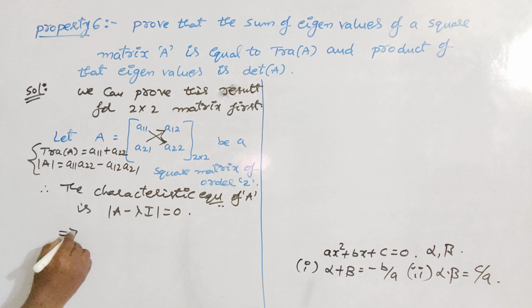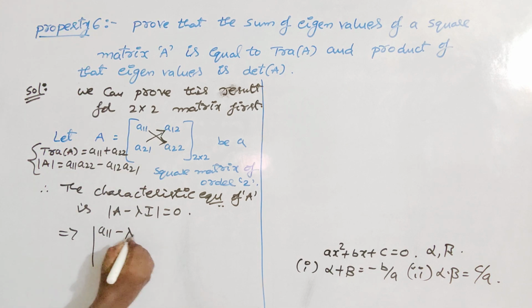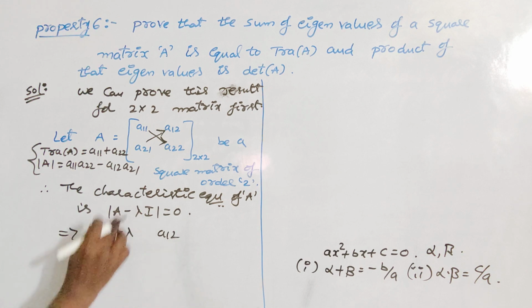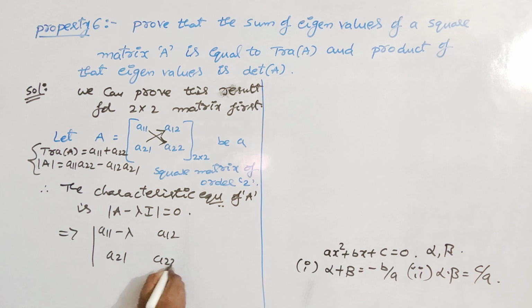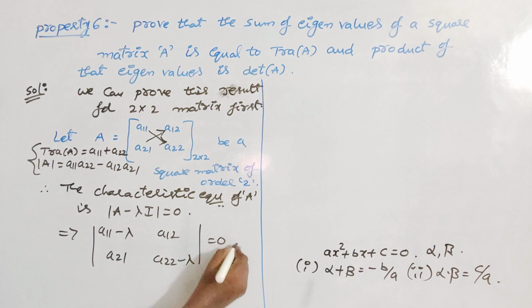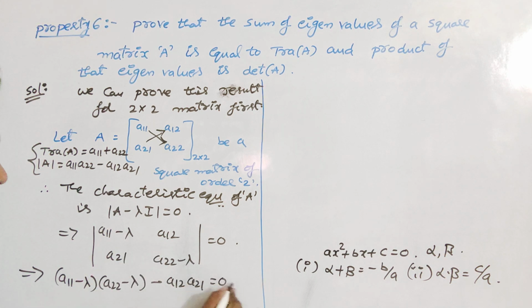Now, determinant of A minus lambda I is [A11 minus lambda, A12; A21, A22 minus lambda]. Just subtract lambda from the diagonal elements; the remaining are the same. Now what is its det? AD minus BC form: A11 minus lambda into A22 minus lambda, minus A12 into A21, is equal to 0.